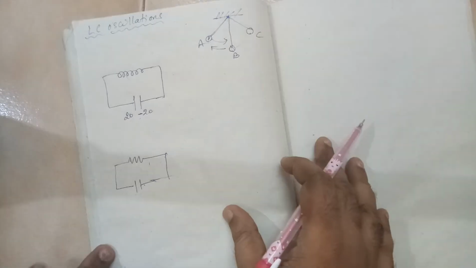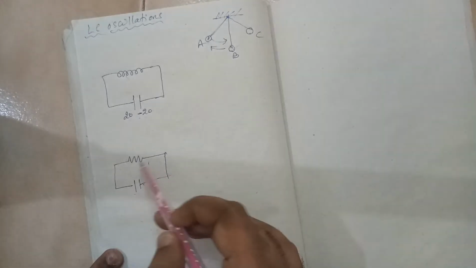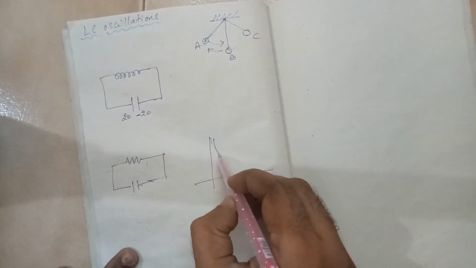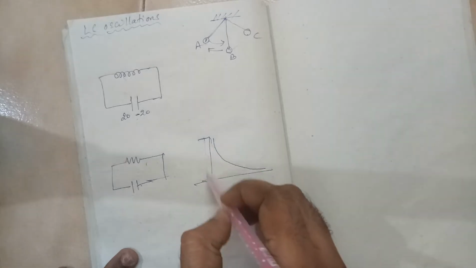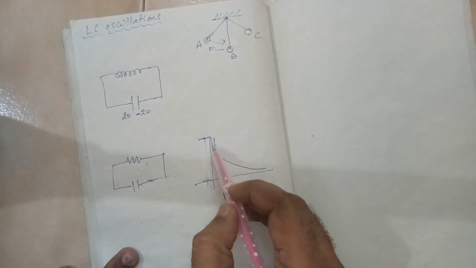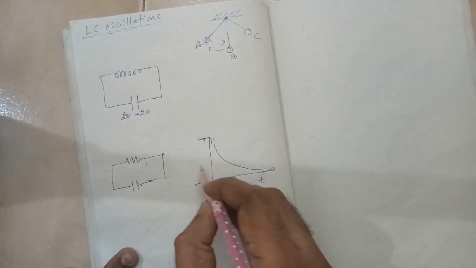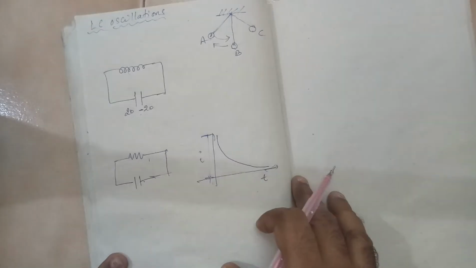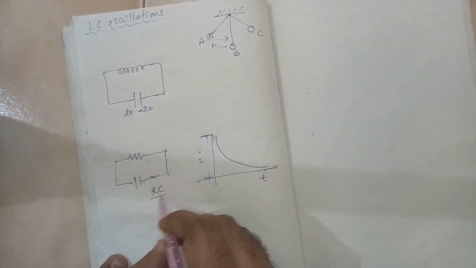Now, in this type of circuit, how will the charge transfer be? This we have seen, it will be exponential. Initially there will be a large amount of current and it will die down exponentially. Okay, this is I versus T. This is what happens in a regular RC circuit.